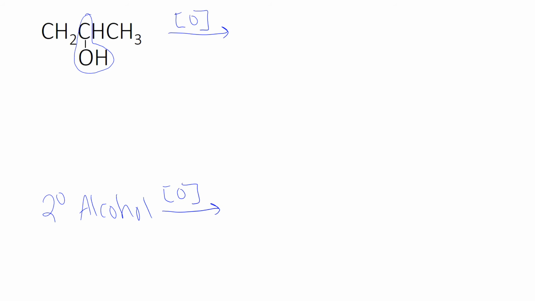All right, in our next example, we're going to start with the same method that we had before, and we're going to look at the carbon that is attached to the hydroxyl group. Okay, so this carbon has one hydrogen attached to it and two R groups. So therefore, this is a secondary alcohol. And we're going to see what happens when this is oxidized. And I know a secondary alcohol in the presence of an oxidizing agent will create a ketone.